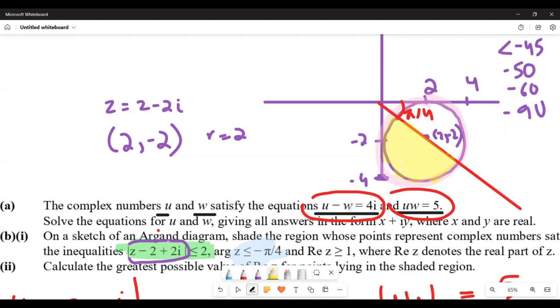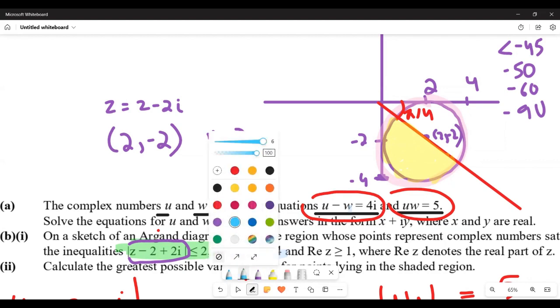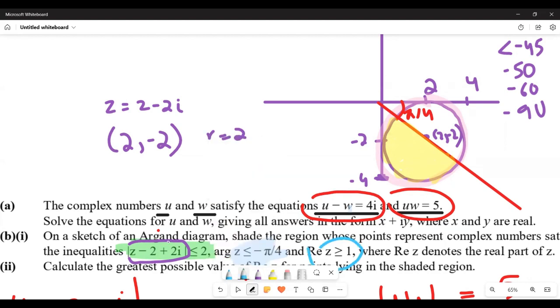Okay, there's another condition there, which is the real part of z should be greater than or equal to 1. Okay, but let's say I consider these points inside the circle. Is the real part greater than or equal to 1? No, 1 is somewhere over here.